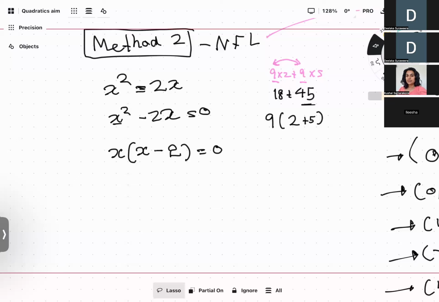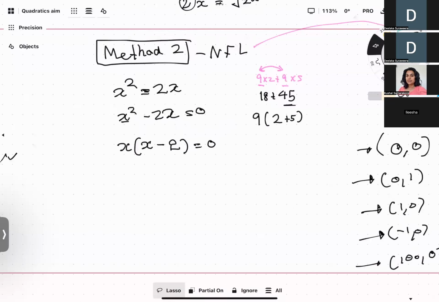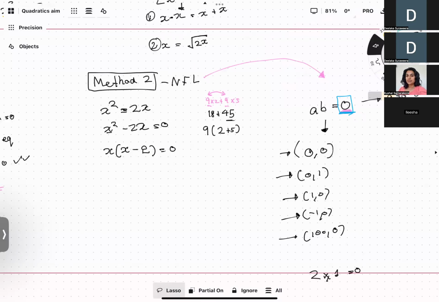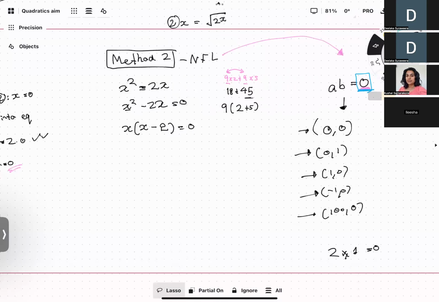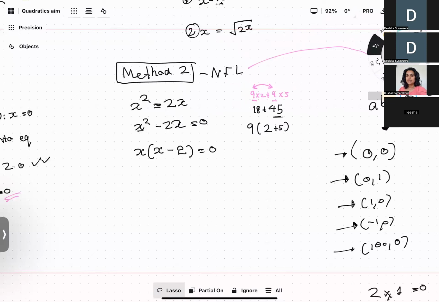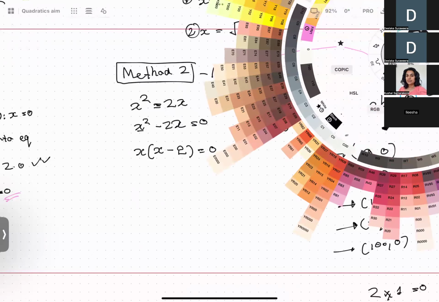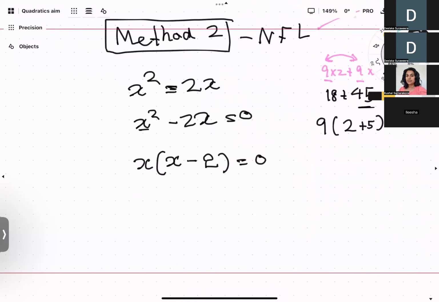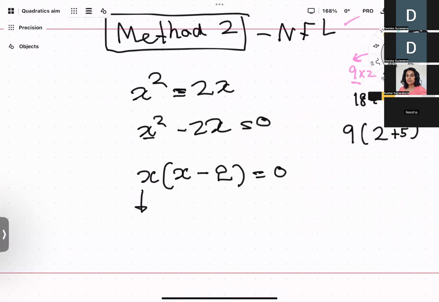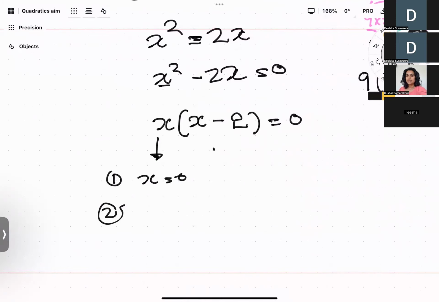And then here, what can we do? What law did we just talk about? Exactly. Both of them can be 0, as in the first solution is this one 0. The second solution is this one 0.